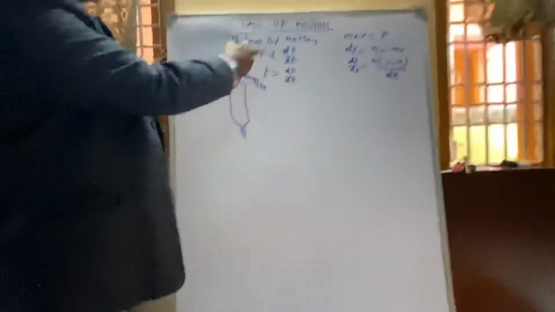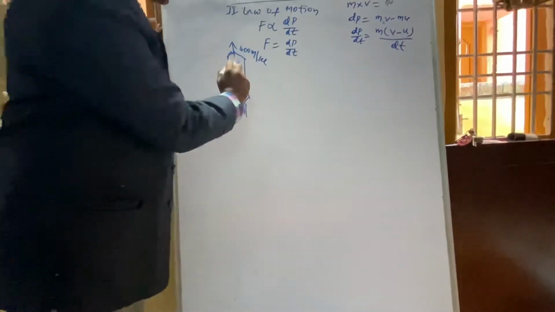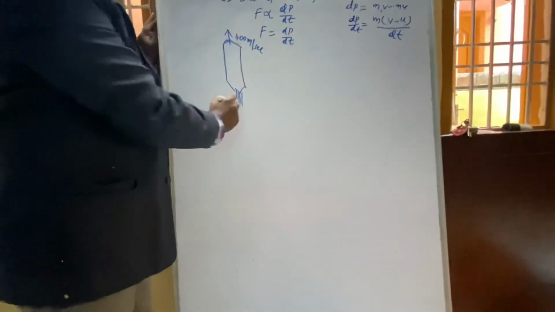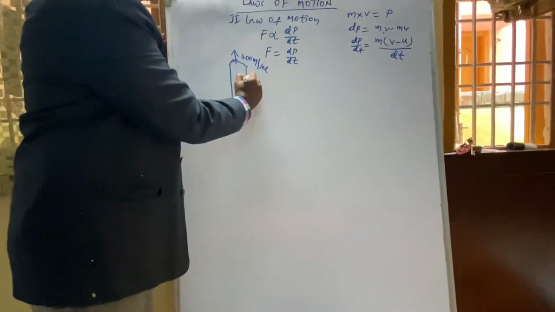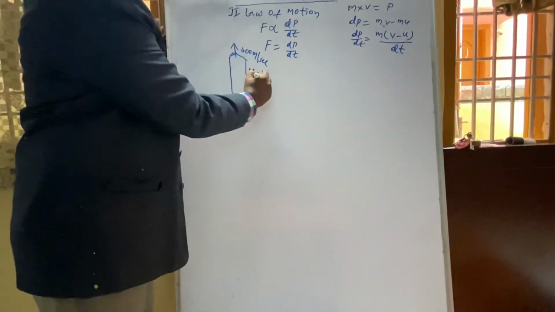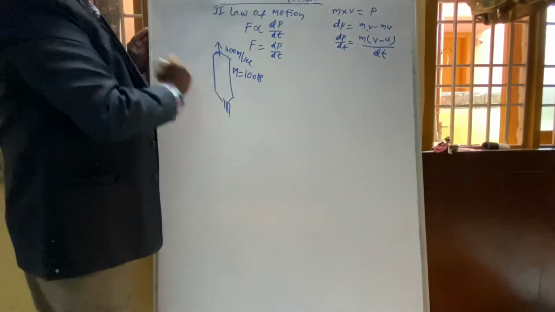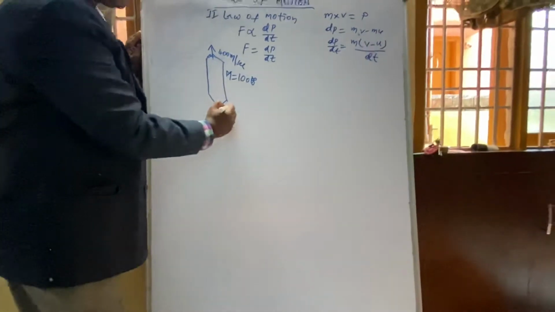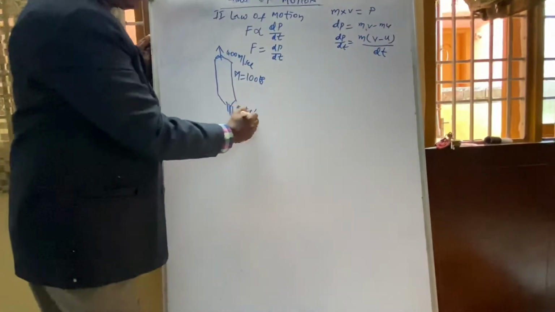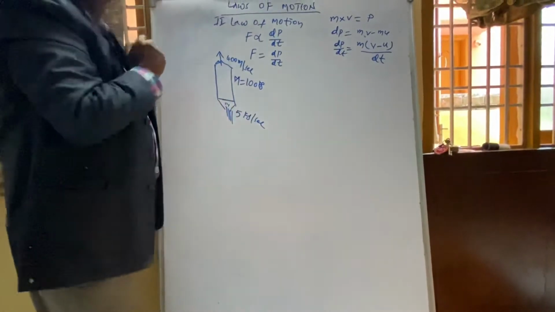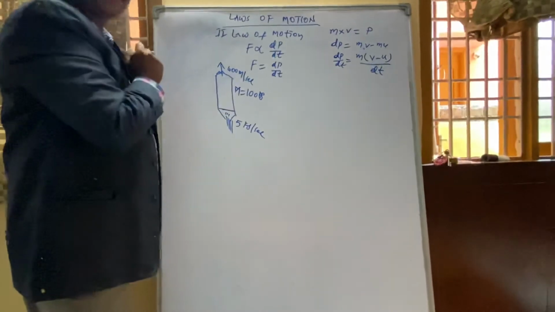Based on the concept of Newton's second law of motion, we are taking a numerical. A rocket moving in the upward direction has a mass of 100 kg, ejecting gases at a rate of 5 kilogram per second.